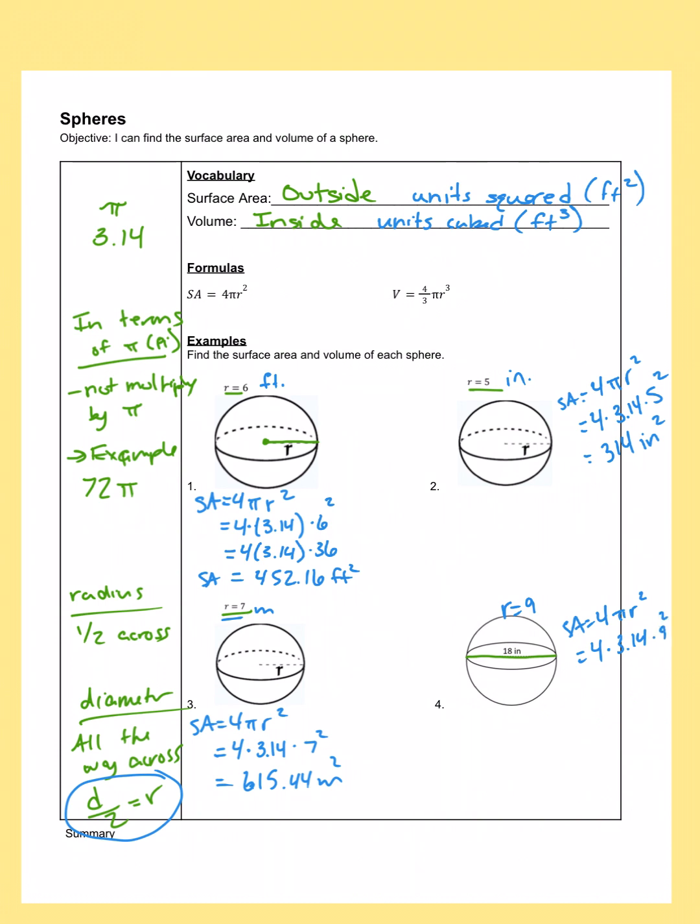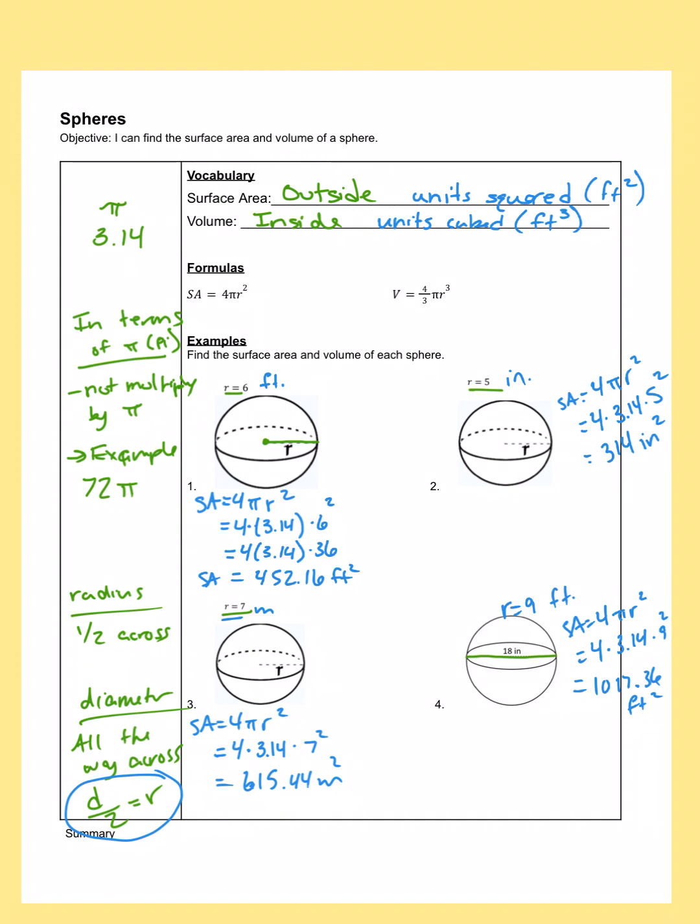So I'm just going to put that in the calculator. Times 4 times 3.14. And that's going to give us 1017.36. And let's make this one, we'll go back to say feet again. So feet squared.